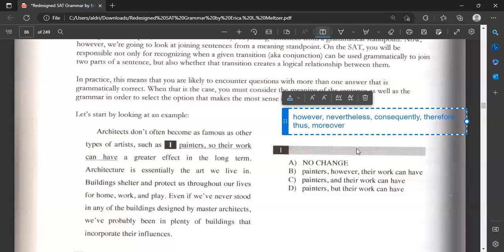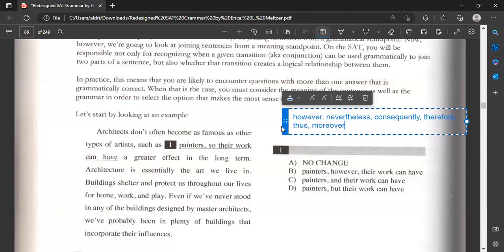Now, what I want you guys to know is when you're dealing with strong transitions, such as however, or any of these, you can't use this as a non-essential clause. So what I mean is, just like Jessica said, if you are going to use a word like however, or nevertheless, or consequently, or therefore, or thus, and moreover, these are considered to be what they call strong transitions.